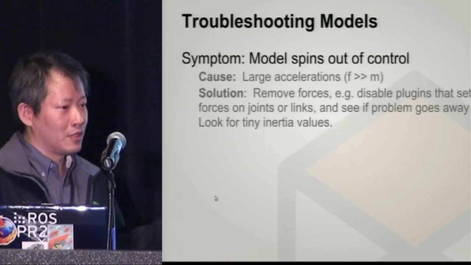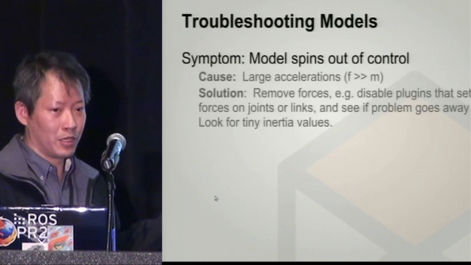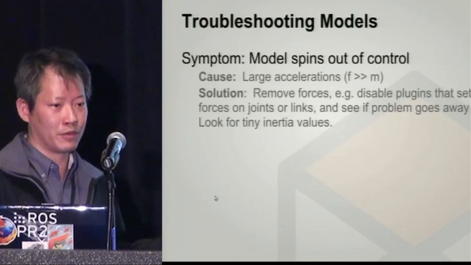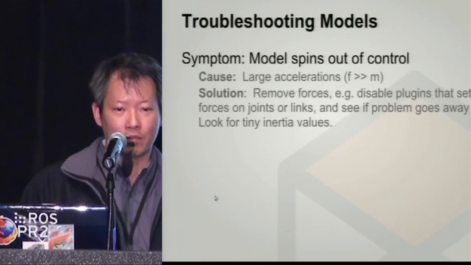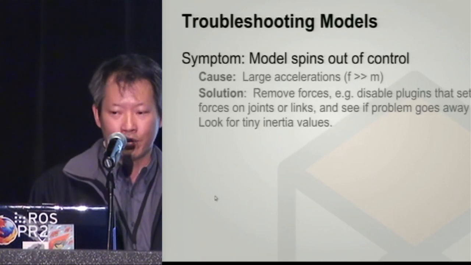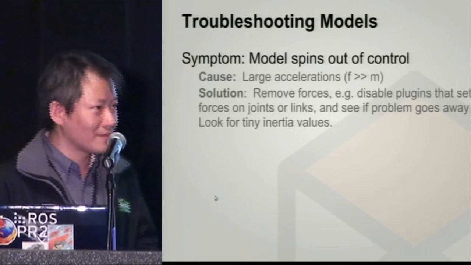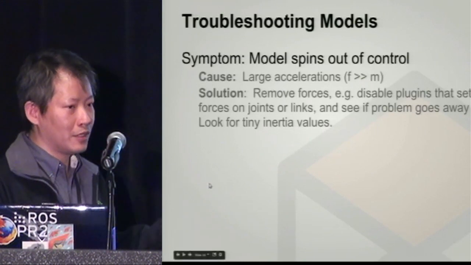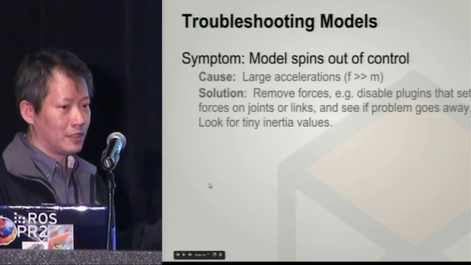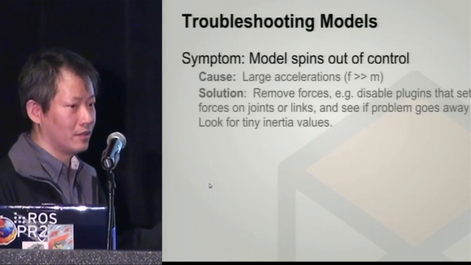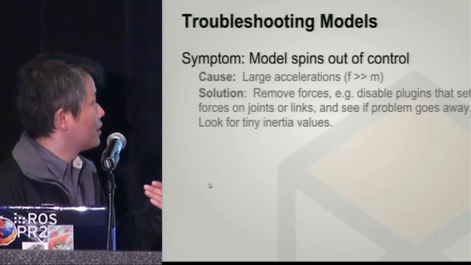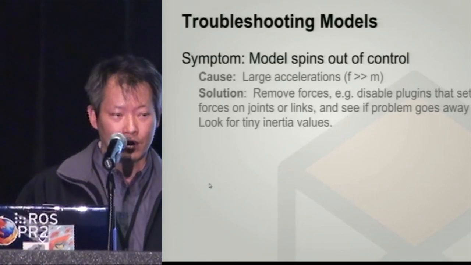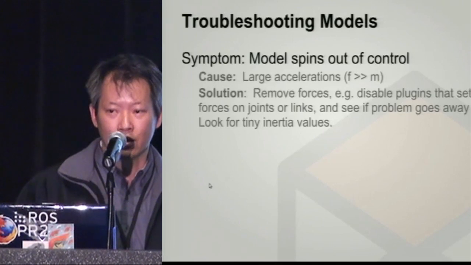A few bugs were fixed along the way to make that behavior go away, but you can still do it if you use improper values of inertia, or you have a plugin that applies too large a force to the body parts. Most of the time you can isolate the problem by disabling the plugins, or by decreasing the time step and stepping through the physics slowly to see where the instability originates from.